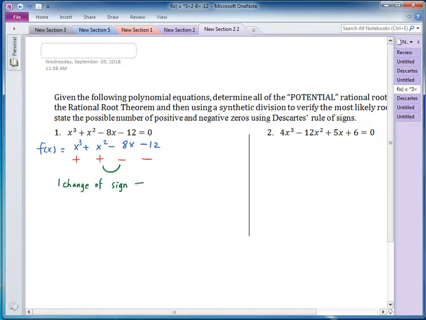Descartes says there is a possibility you can have a maximum of how many? 1. Positive or negative? In this case, positive solutions. Solutions, zeros, or roots are the same thing. So we may have 1 positive zero. That's what he said.